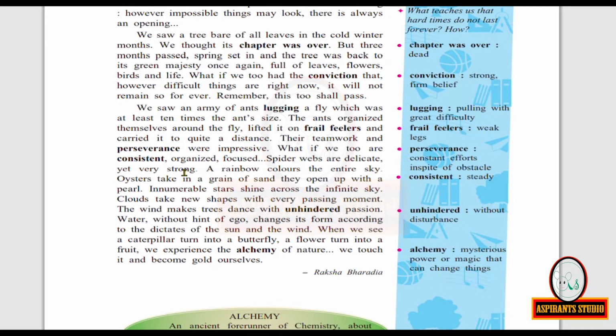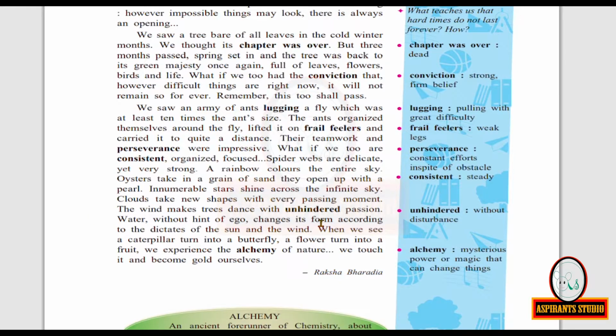Spider webs are delicate yet very strong. A rainbow colors the entire sky. Oysters take in a grain of sand, they open up with a pearl. Innumerable stars shine across the infinite sky. Clouds take new shapes with every passing moment. The wind makes trees dance with unhindered passion.